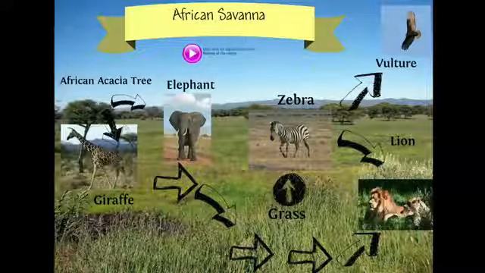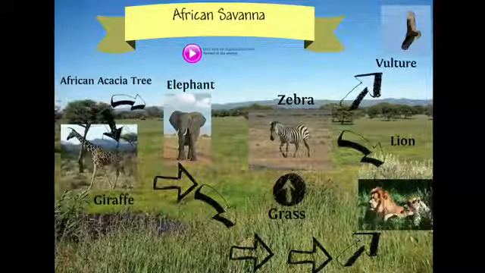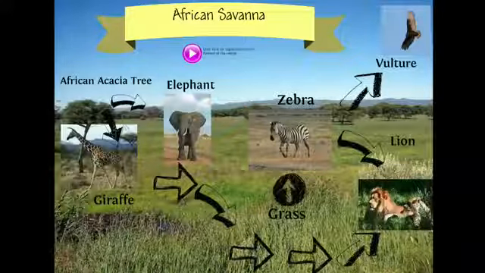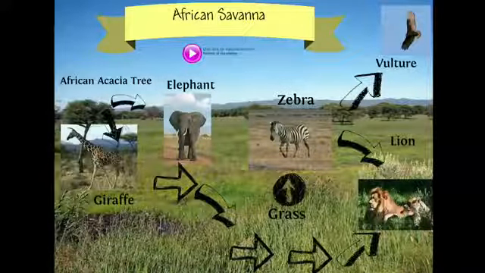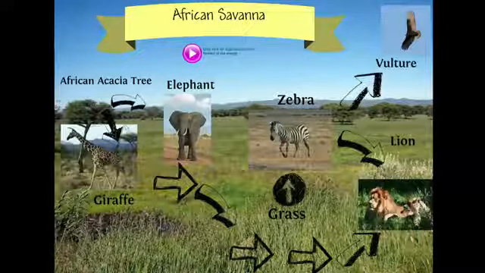Say that there is an invasive species of beetle that comes into this African plain environment, and all of a sudden it starts wiping out all of the native grasses there, and the zebras are having trouble getting enough food to sustain their populations. So you're having dwindling zebra populations because the grass is not growing and proliferating in a healthy way. And this is going to affect the lions that feed on the zebras and the vultures that feed on the remnants of the zebras that the lions eat.